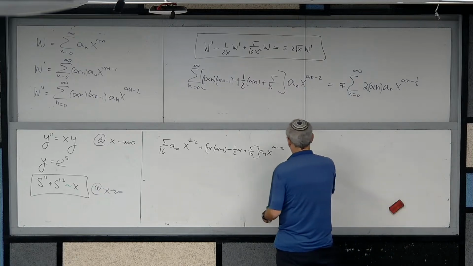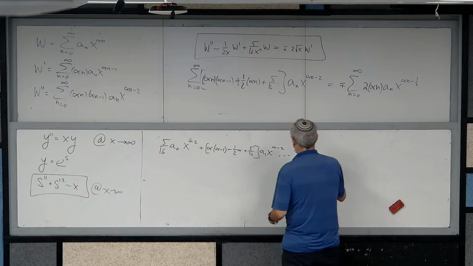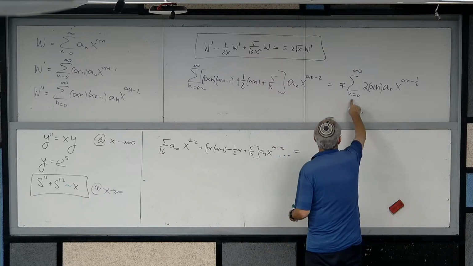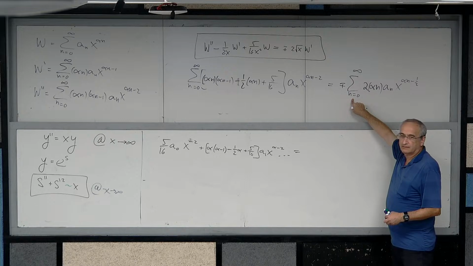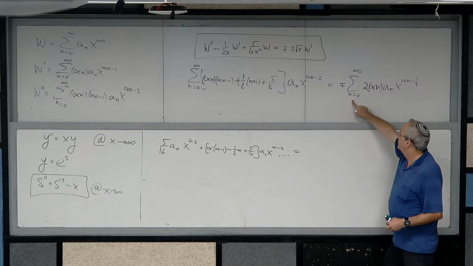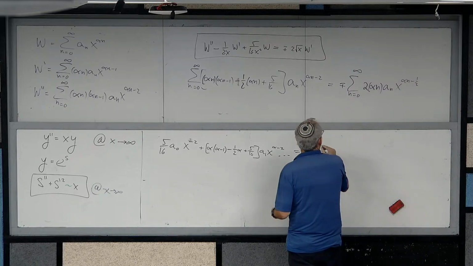The first one is 0, the n equals 0 term gave me 0. So what will be the n equals 1 term?